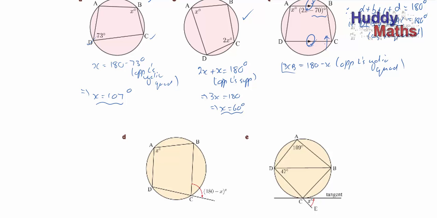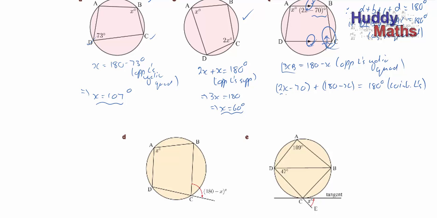So now what can we do? Yes, this one and this one are co-interior. So we can say 2x take 70, that angle, plus 180 take x, that bottom angle we just worked out, must equal 180 degrees. They are co-interior angles, using that straight line and the parallel line given information.